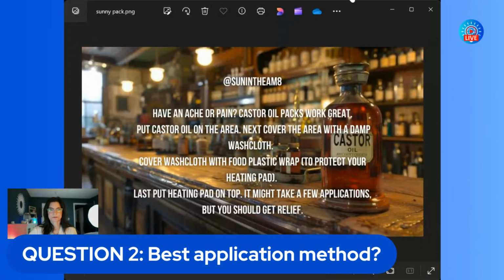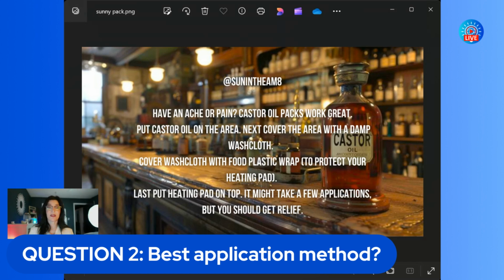All right. So one of the viewers wrote in and basically summed up castor oil pack making very succinctly. So I hope she doesn't mind, but I copied her comment straight off. Castor oil packs work great.